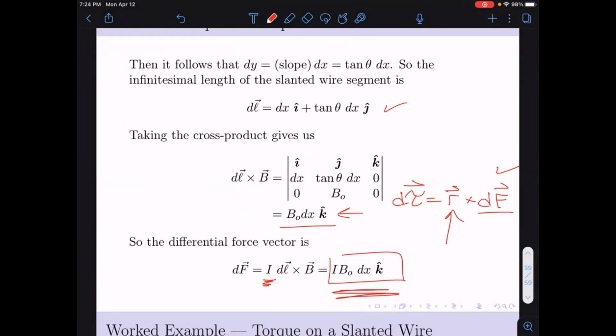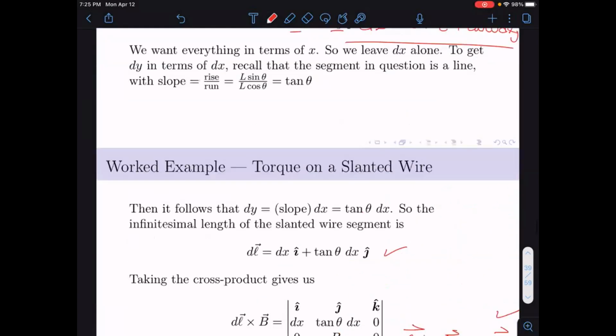Similar to what Nick was saying earlier, it's a very good point that I forgot about: this R vector right here is not the same one that you might be used to from Phys 2. That R vector is not describing how I get from the source to the point. This is describing the radius from my axis of rotation, so this is a Phys 1 interpretation of the R vector.